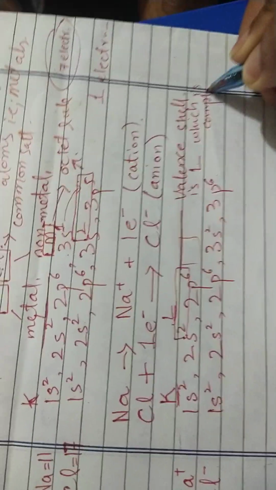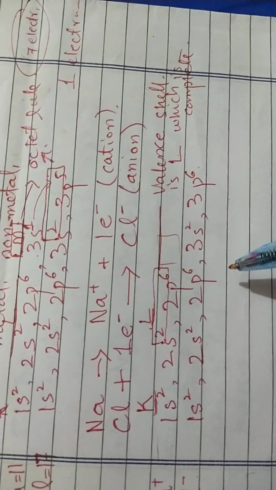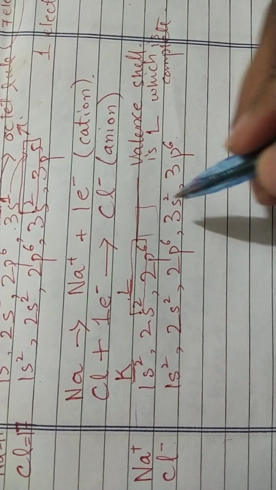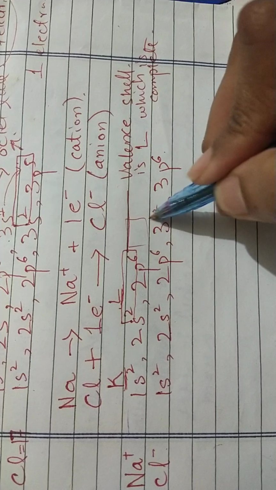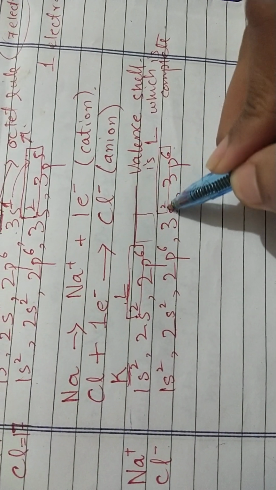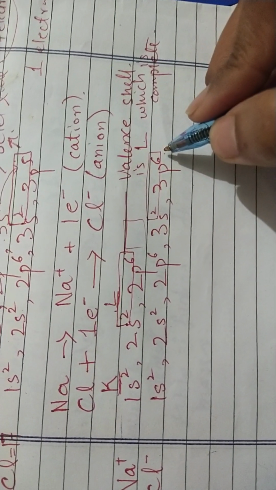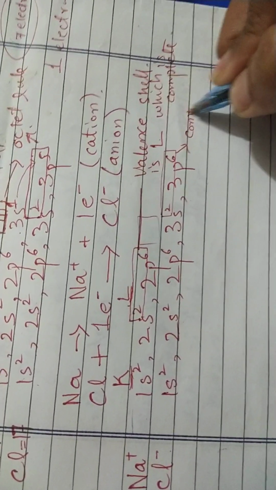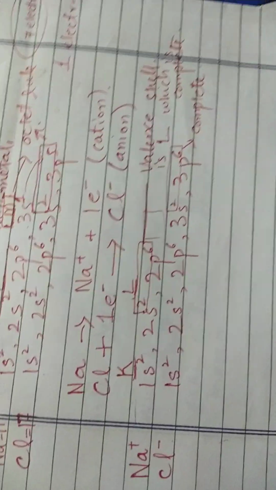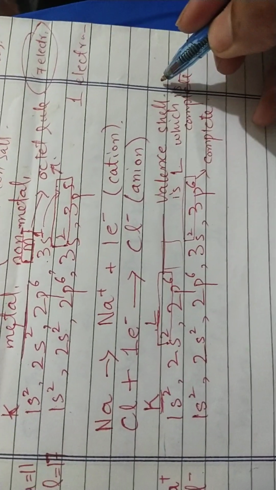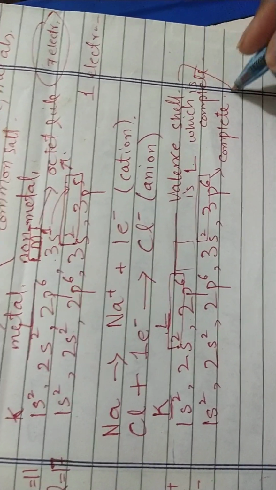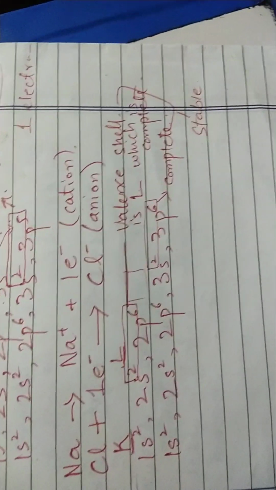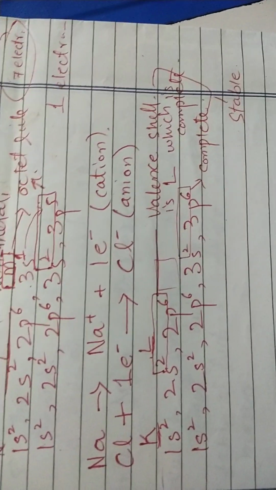In the case of the chloride ion, its electronic configuration is 6 plus 2, so there are now 8 electrons in its valence shell, and it is complete. Now both atoms are stable because their valence shells are completely filled.